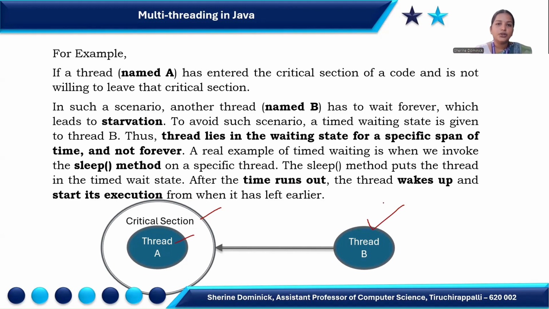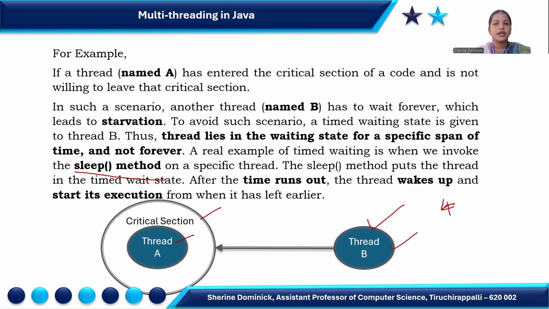So to avoid endless wait, we are putting this thread B to sleep. We are going to use a method called sleep, and we will assign that thread B has to wait for 200 milliseconds or 400 milliseconds.